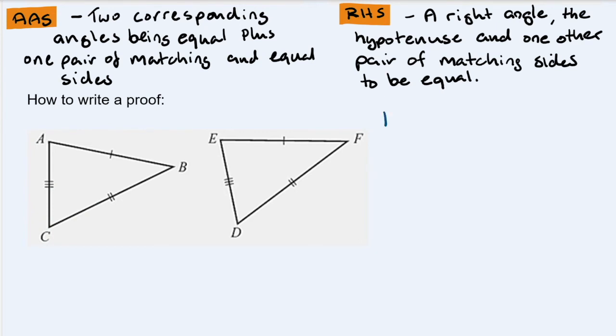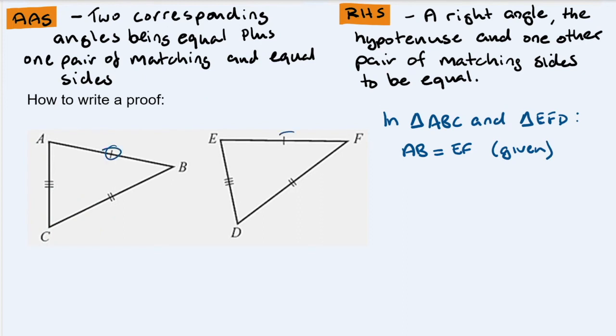So in triangle ABC and triangle EFD, we know a bunch of stuff. So we know that the side AB is equal to the side EF, and that is actually given to us in the diagram.